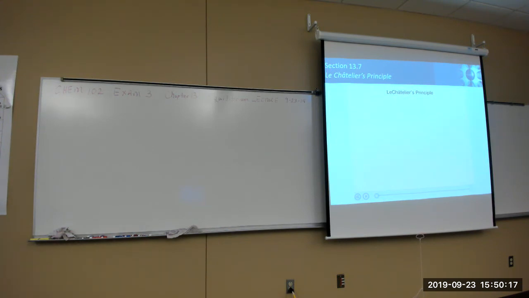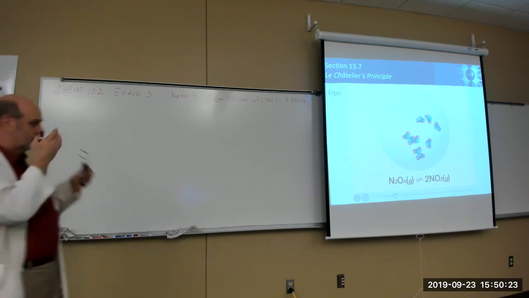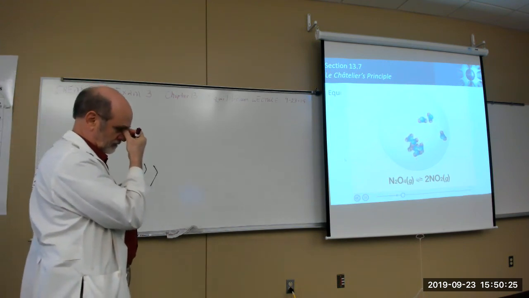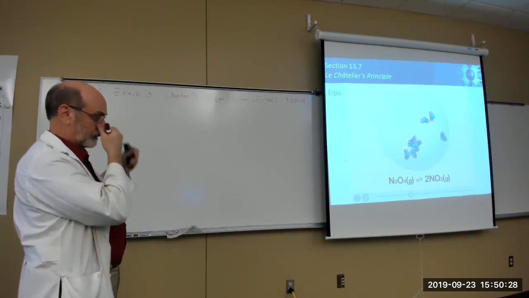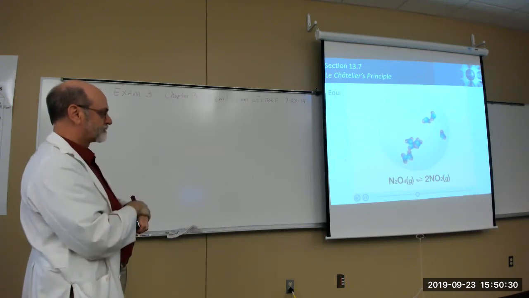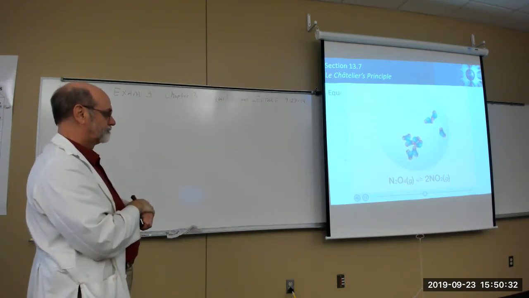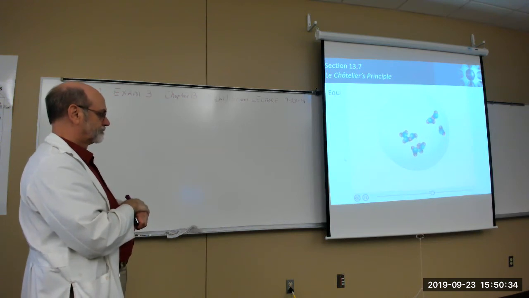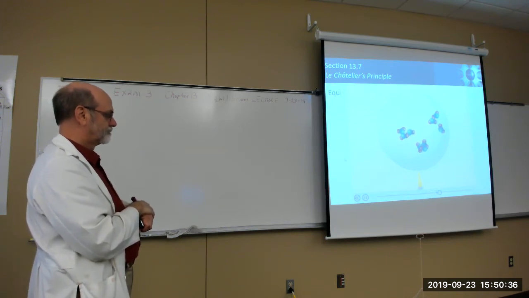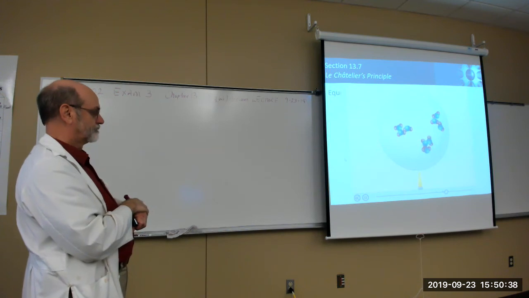Okay, we have one more. The equilibrium between dinitrogen tetraoxide and nitrogen dioxide is dynamic. As shown, N2O4 molecules fall apart at the same rate that NO2 molecules recombine. If we change the equilibrium conditions, the equilibrium concentrations will shift according to Le Chatelier's principle.